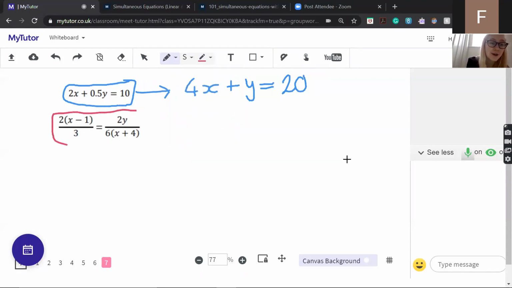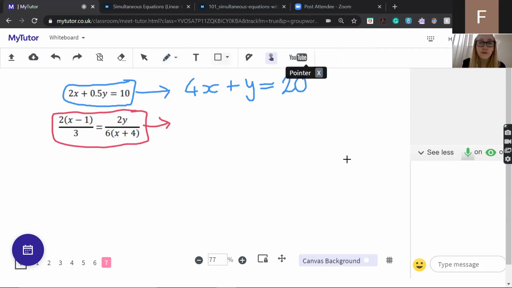Now this second equation looks horrible, but we're going to do exactly what we did before and make it a lot nicer for ourselves. So we're going to start off by getting rid of the 3 that's here. To do that, hopefully you remember from last time, we're going to multiply both sides by 3. On this side, it just makes that 3 disappear from the bottom.